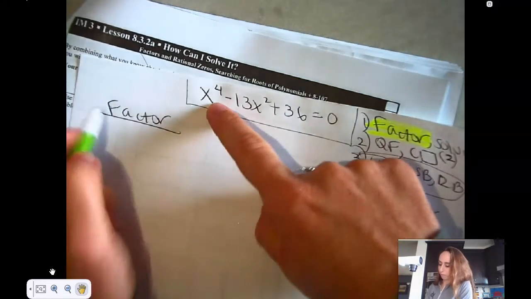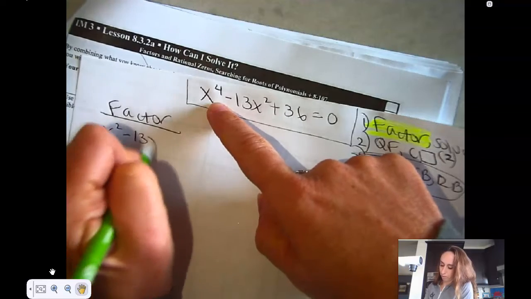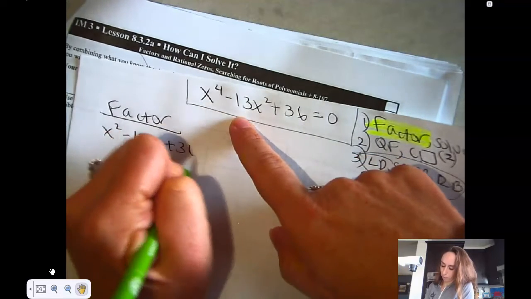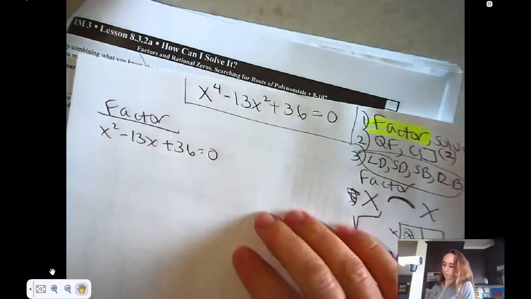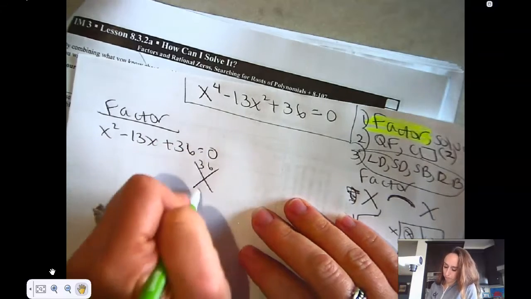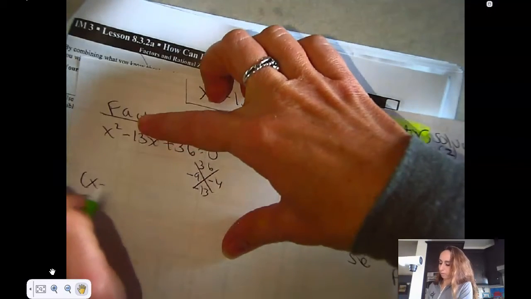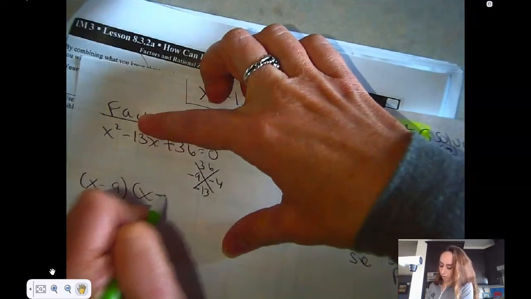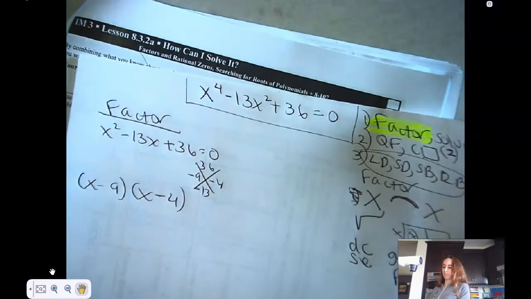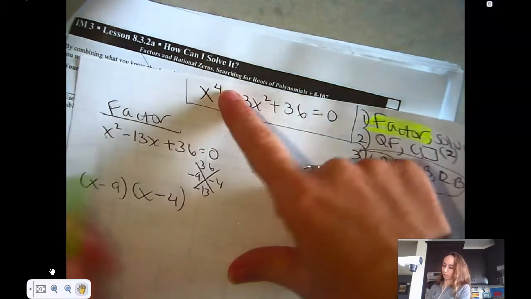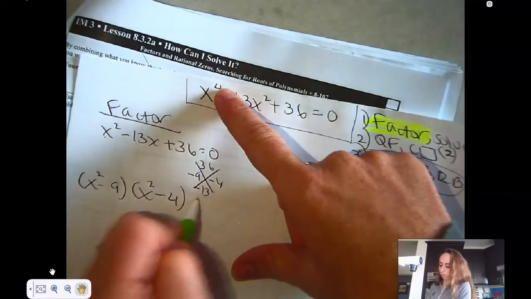But let me see if I'm going to do this by factoring. I can go to my happy place. X squared minus 13x plus 36 equals 0. Do my cute little magic X. And then I get x minus 9, x minus 4. The problem is it's not x squared. It's actually x to the fourth, so x squared, x squared.